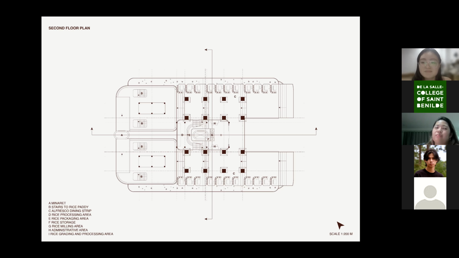And then there are also steps from the ablution area towards the rice paddy here on the left. And the rice milling area is situated in the center, so it's easily accessible.